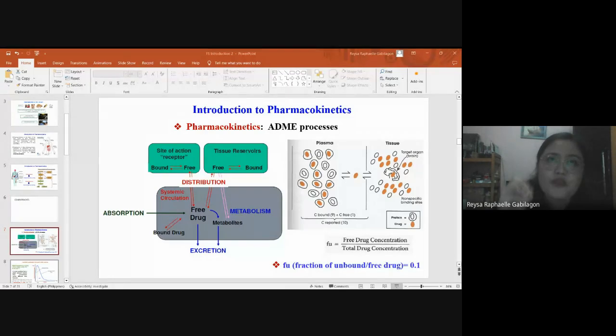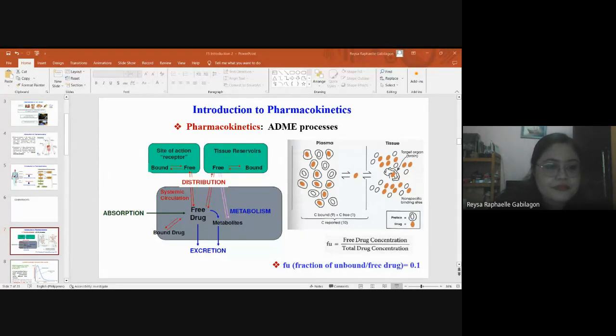So yan yung mga points wherein we need to draw blood after the administration to really check yung plasma concentration of the drug inside the body, para meron tayong accurate na plasma time curve. Okay? Pero if ever there is restriction in blood sampling, then we may instead use four time points.